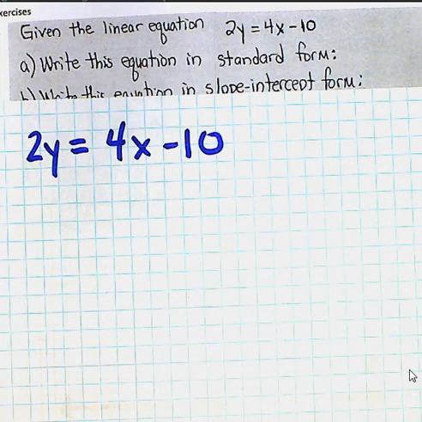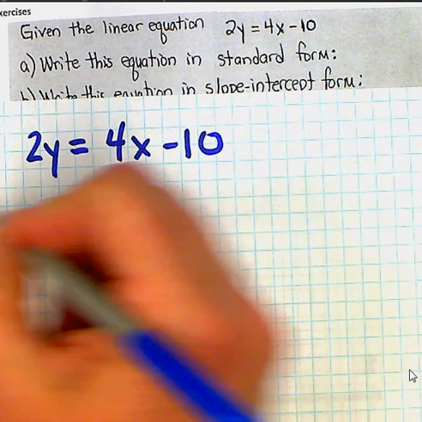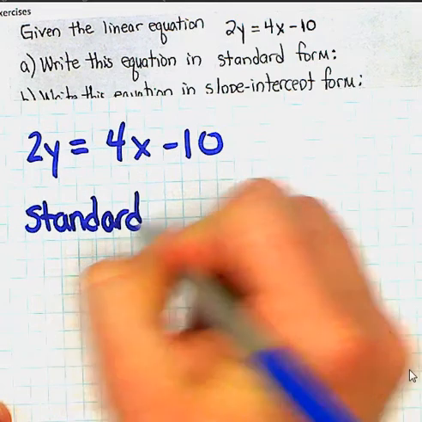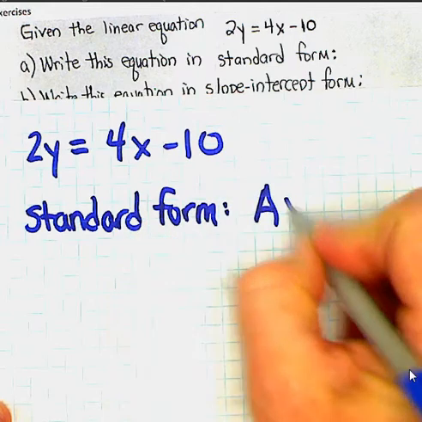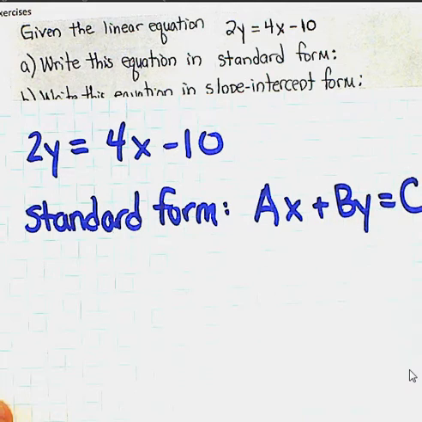If you looked it up in your notebook, that's okay. This is something that you're going to have to study. Standard form of an equation, once again to review, is writing the equation this way: ax plus by equals c. Remember that? And what's special about a, b, and c?